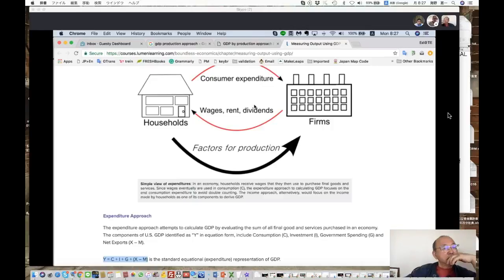If they save it, they put it in the bank. The bank uses that money to give loans to the companies to buy machinery. That is investment. So you need to make sure, and that's why the added value principle is so important. Okay, I understand.